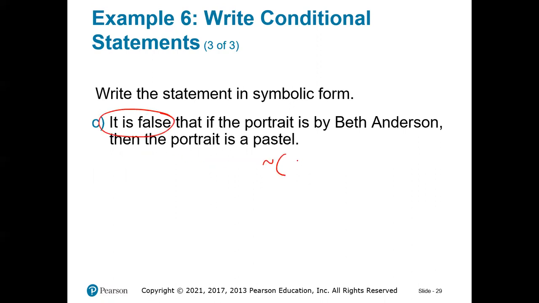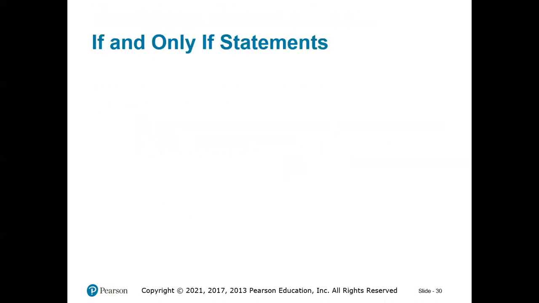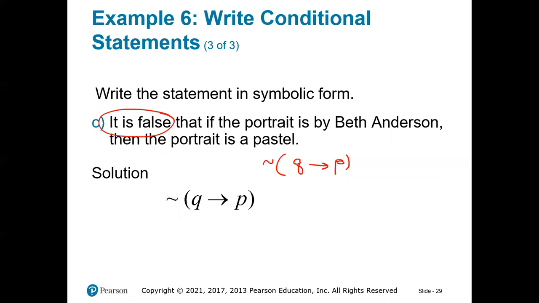It is false that what? If the portrait is by Beth Anderson, Q, then P. So this is just how to move from words to symbols. Later, when you do the homework, they will give you the opposite direction: they will give you symbols and ask you to write down the English translation of those symbols.